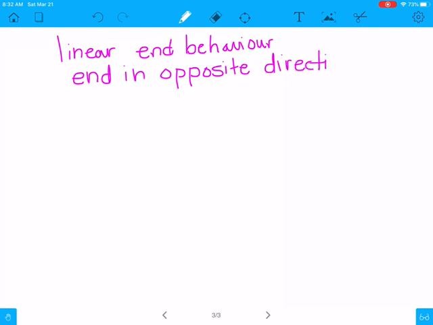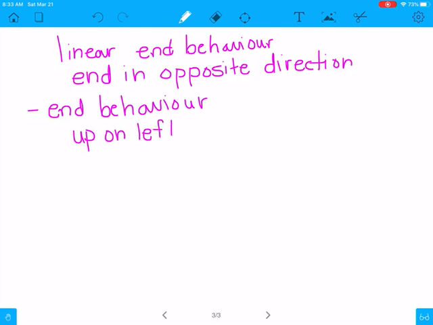So for the last one, you'd say the end behavior would have been up on left, down on right.